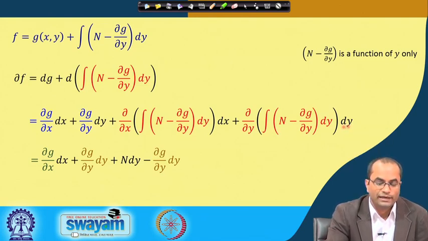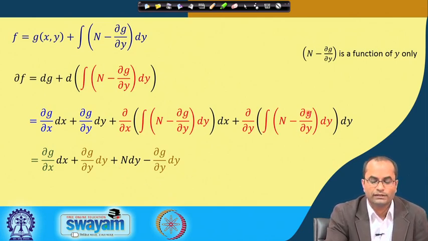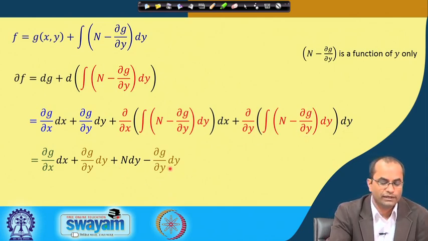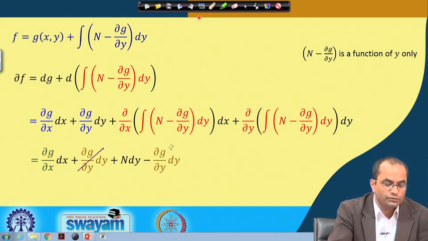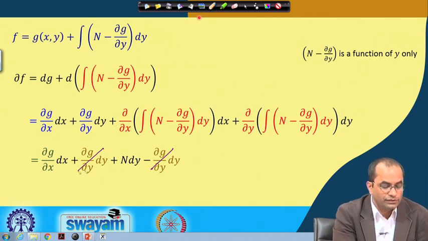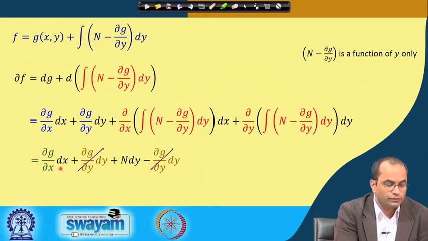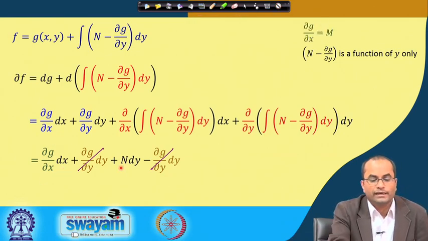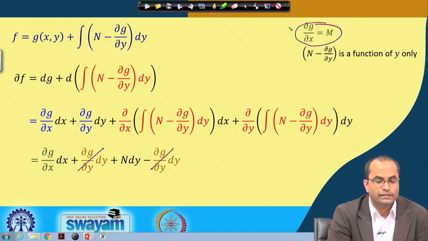So, here we have n dy, that will be one term. The other term will be del g over del y into dy. These two terms cancel out each other, and then we get del g over del x dx plus n dy, and this del g over del x is nothing but m.